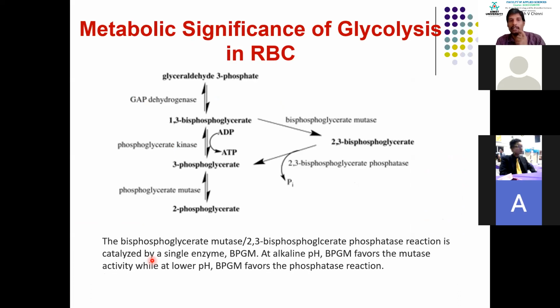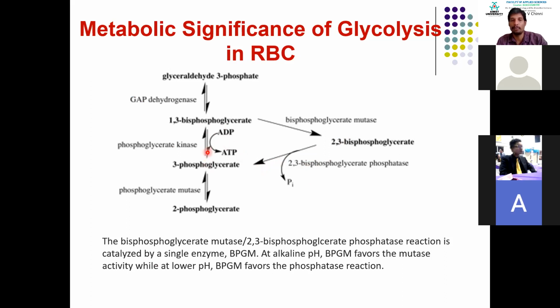This one, I told you, right? So that is the normal glycolysis process: 1,3-bisphosphoglycerate to 3-phosphoglycerate by the enzyme phosphoglycerate kinase, and ATP is synthesized. But in RBC, sometimes this 1,3-bisphosphoglycerate is converted into 2,3-bisphosphoglycerate by bisphosphoglycerate mutase, and then it will be converted back to 3-phosphoglycerate.